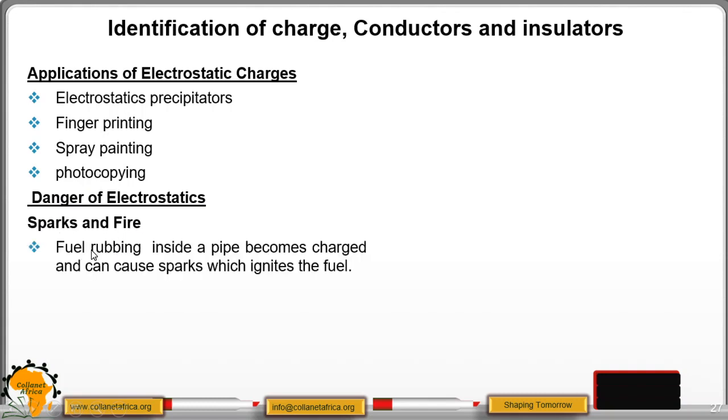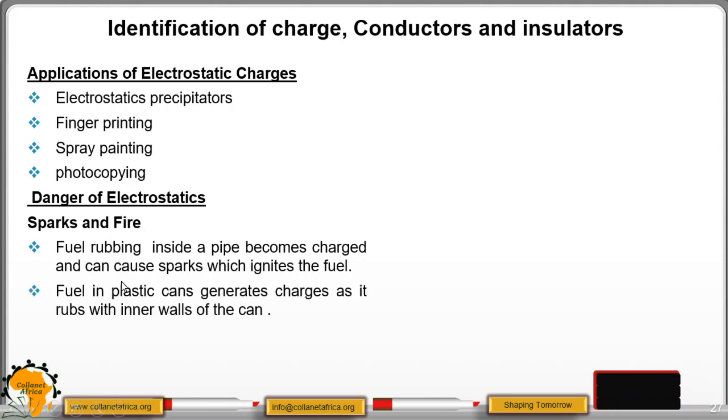When the fuel is moving through a pipe or container, there is rubbing, and you'll find that charges, what we call static charges, are produced. These static charges can cause sparks, and these sparks can ignite the fuel and cause fire.